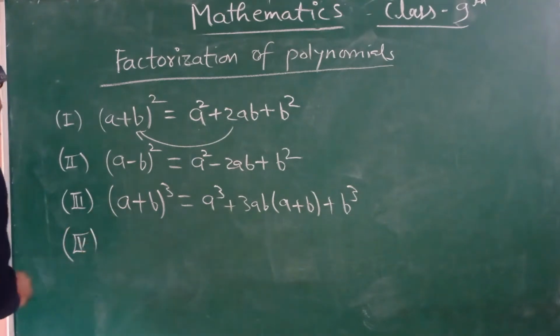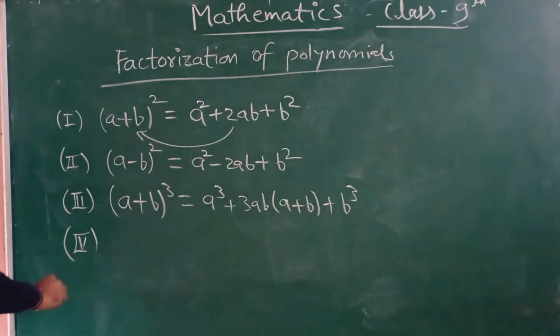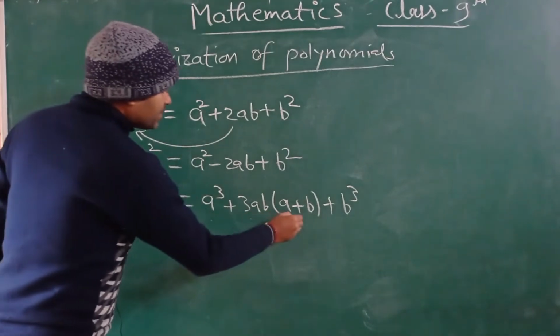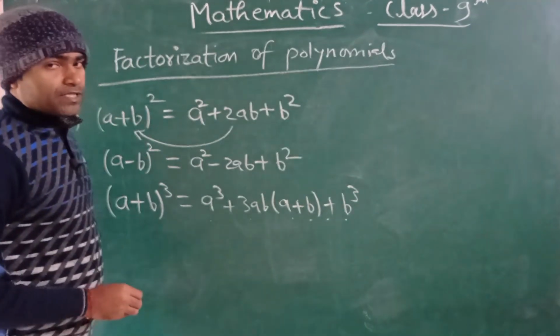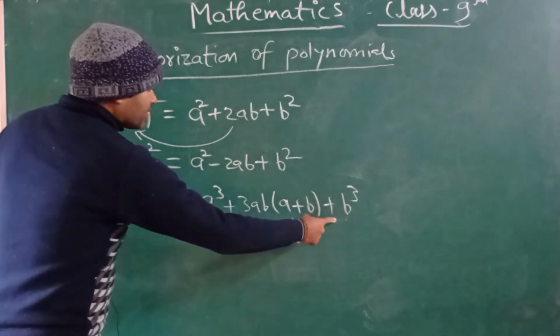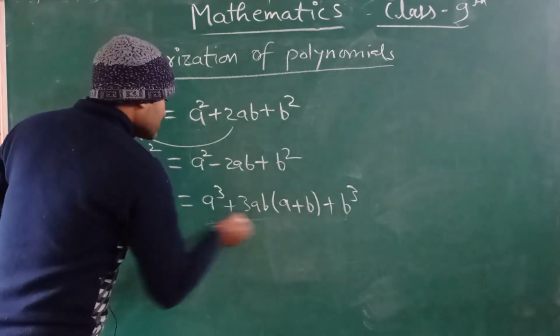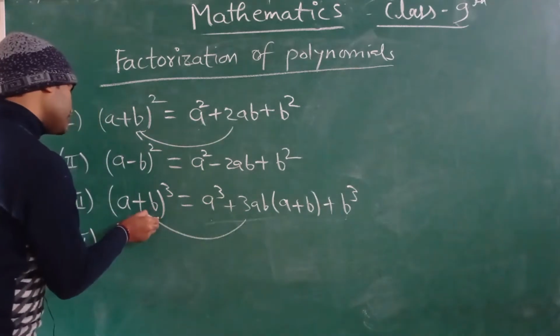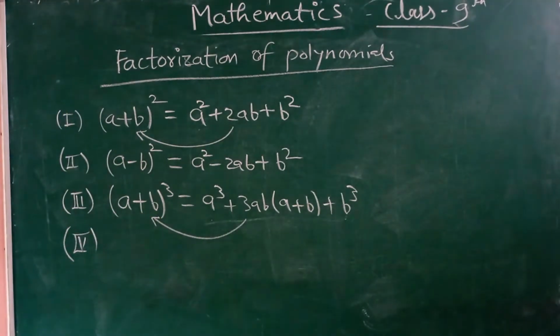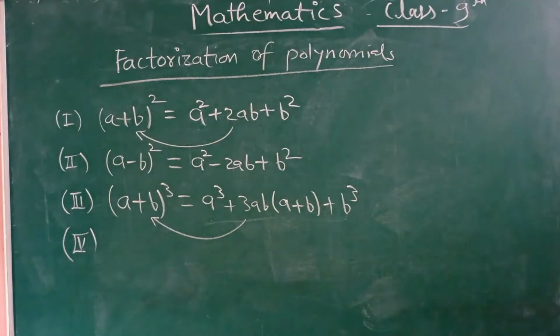Just write down in your notebook because the structure will be of this type. In a given problem, the question will be of this structure and you have to write it in this manner.